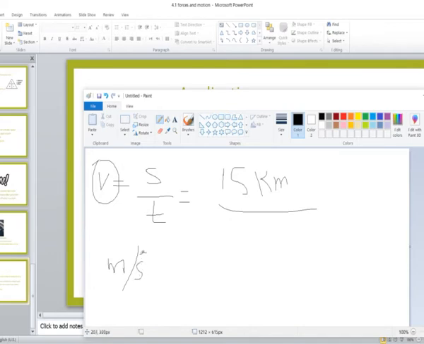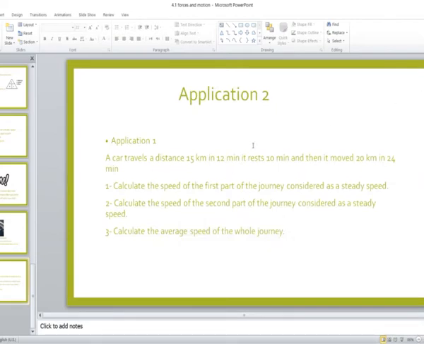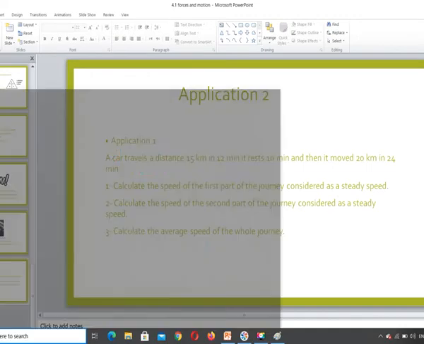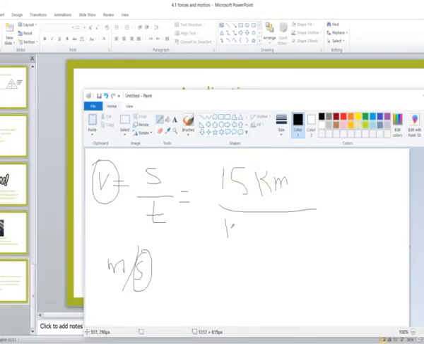So I must convert the time from minute to second. How to convert the time from minute to second? I must multiply by 60.